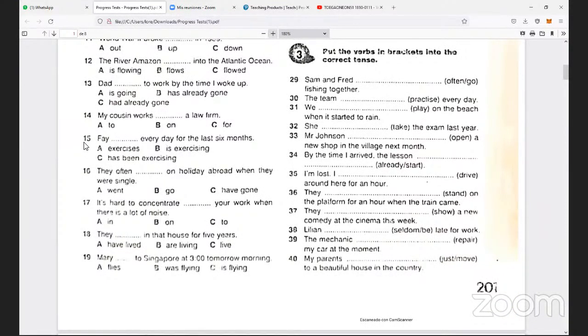Faye has been exercising every day for the last 6 months. Perfect. 16. They often went on holiday abroad when they were single.